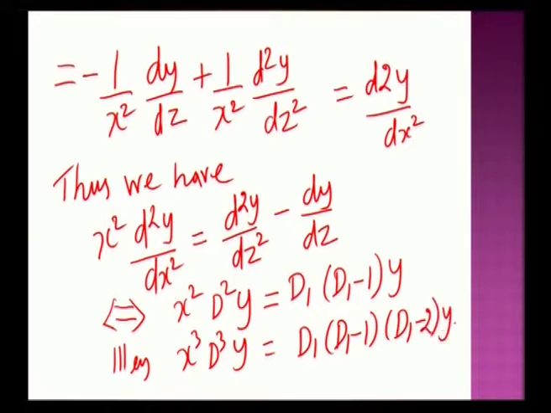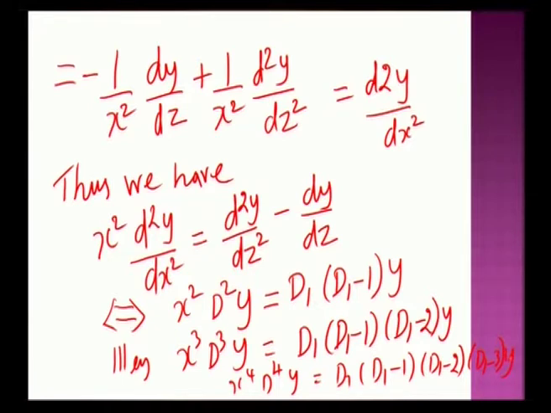So on, in the sense x power 4 D power 4 y is equal to D1 into D1 minus 1 into D1 minus 2 into D1 minus 3 into y. This is how you can keep on writing the given thing in operator form.